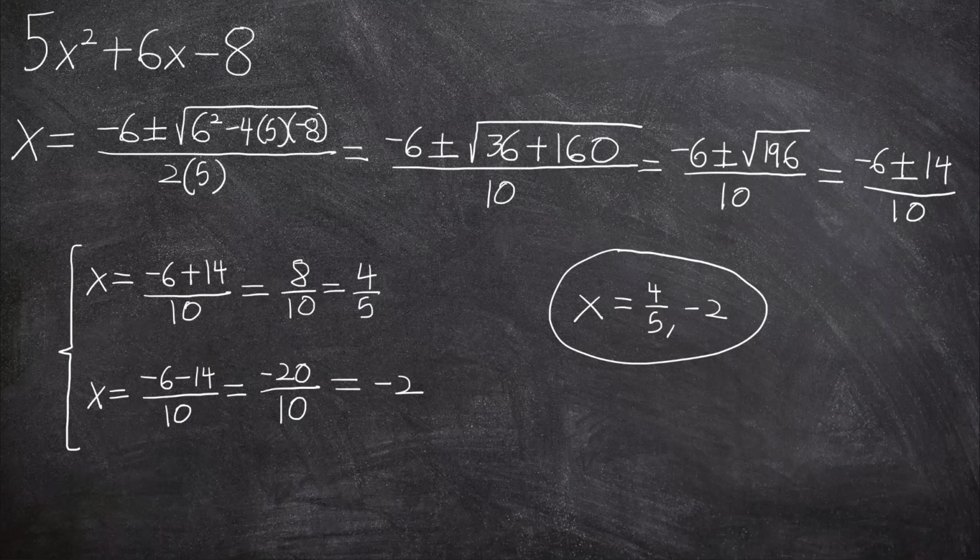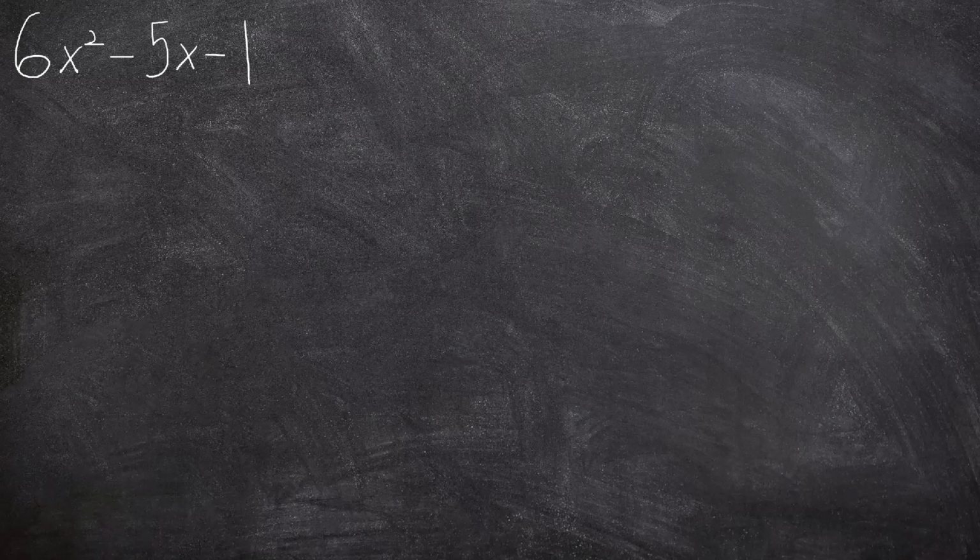If you were able to solve that, great job. If not, that's okay. We're going to hop into this last one here. Let's work through this last equation here, 6x squared minus 5x minus 1. So, as always, we want to plug this in. And with our b term, negative 5x, it would just be 5, since negative times negative is a positive.